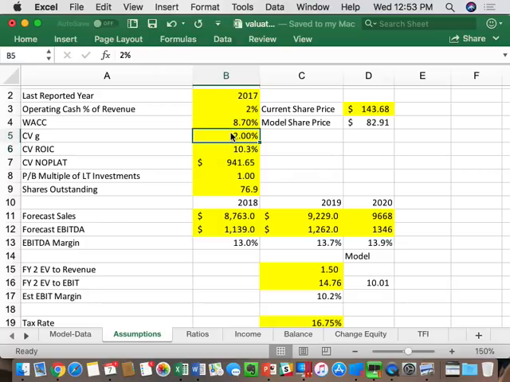Not lower. 3, 4, 5, 6, 7, 6.7, 6.8, 6.78, so a little under 6.8%, 6.77% is the G that explains the EV to EBIT in the marketplace today.